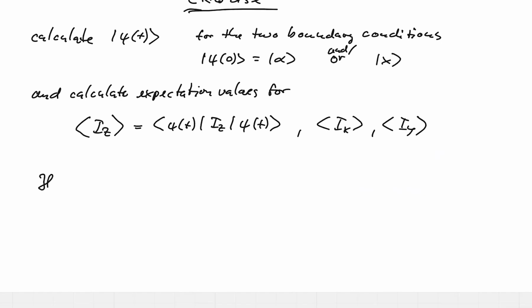The Hamiltonian in this case will be H equals omega 0, so the Larmor frequency, for example, times Iz. I'm sure you're having fun solving these equations. Then we reconvene and I will show the results.